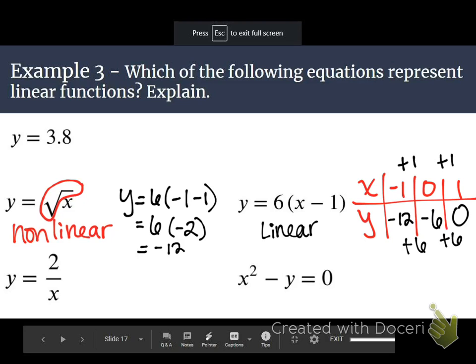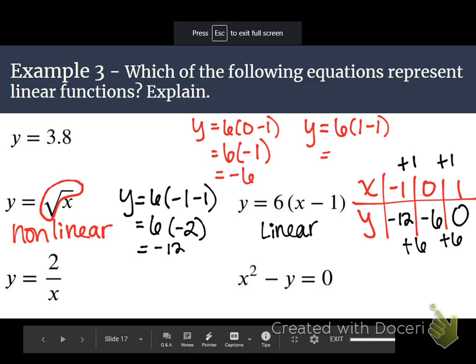I'll take away this up here so I have more space. So then we moved on and we plugged in the 0 for x. So 0 minus 1 gave us a -1. And we multiplied that by 6 to get a -6. That's how that came in the middle. Last up, we plugged in a +1. So we had 1 minus 1, which is 0, and 6 times 0 is 0.